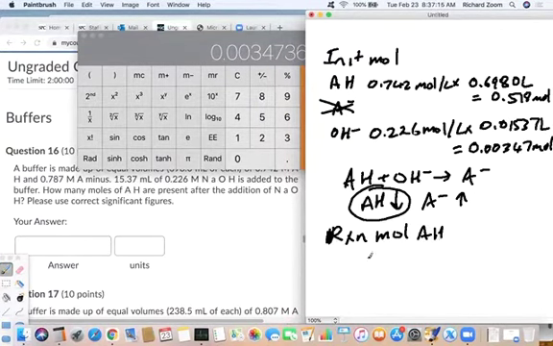Reaction moles of AH will be initial moles of AH minus the initial moles of OH minus.